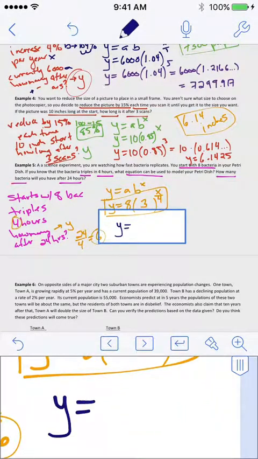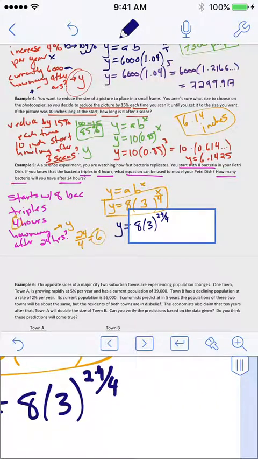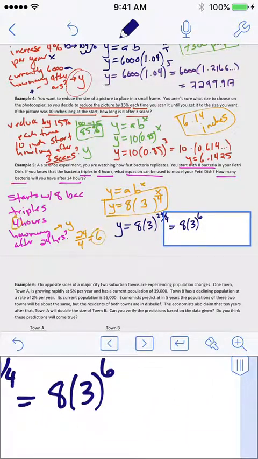So we're still looking at y. y equals 8 times 3 to the 24 over 4. Plug that in. Start with that exponent. We'll simplify that guy. That becomes 6, just like we wanted it to. 3 to the 6th is 729. PEMDAS says I have to start with the exponent first, so this is not 24 to the 6th.